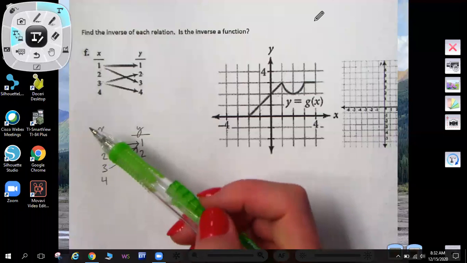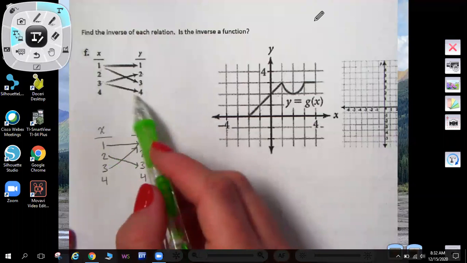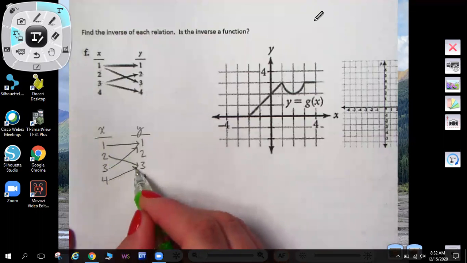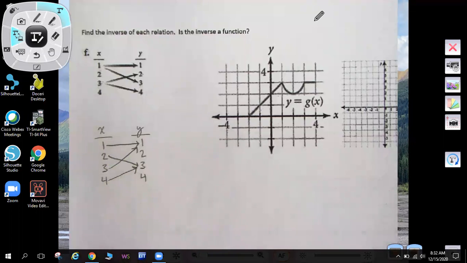If we switch those, we have an x value of 4 going to a y value of 3. Okay, there's our inverse of that function, or of that chart.